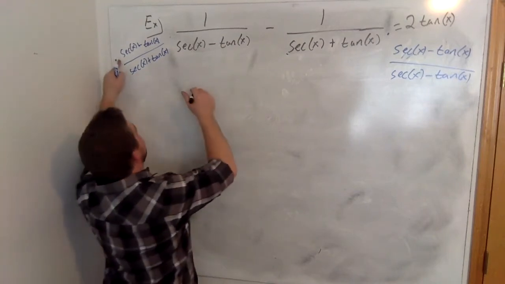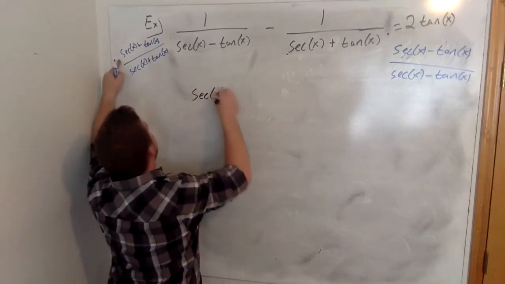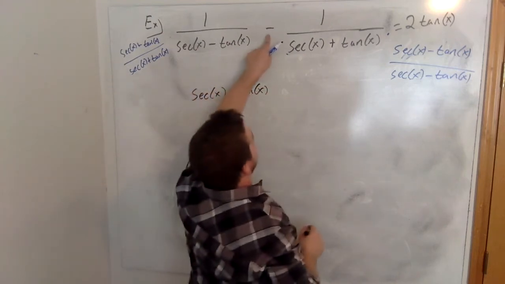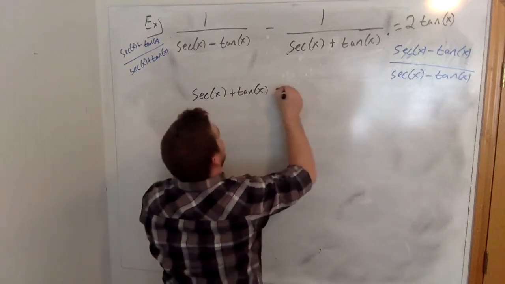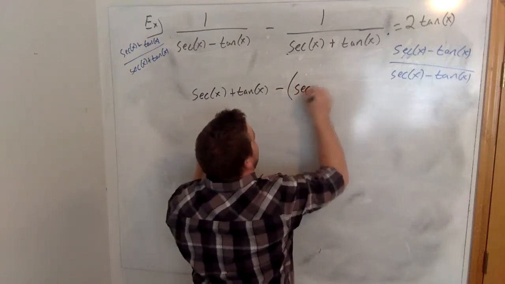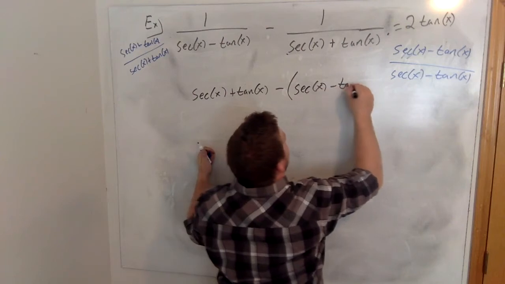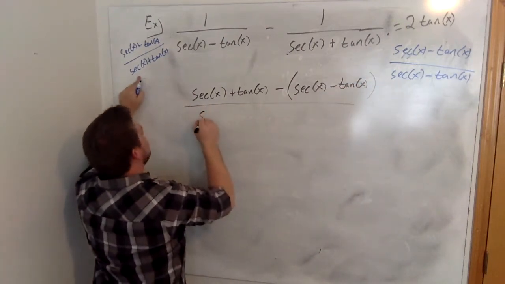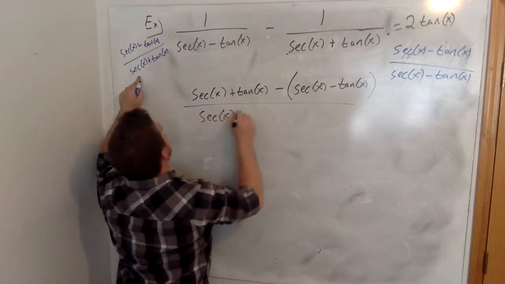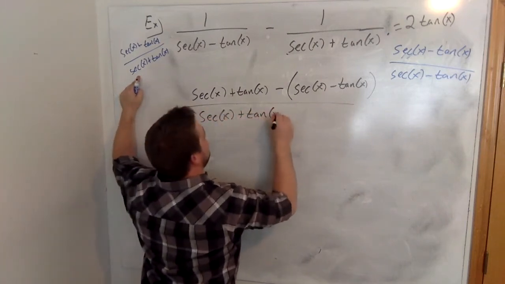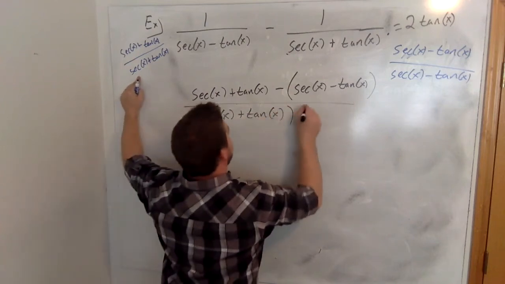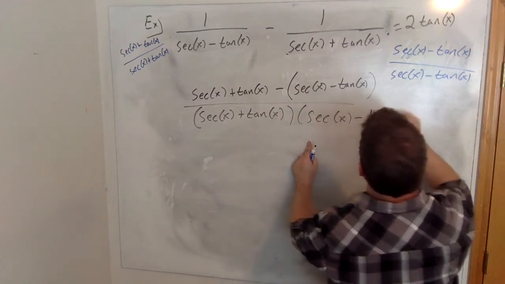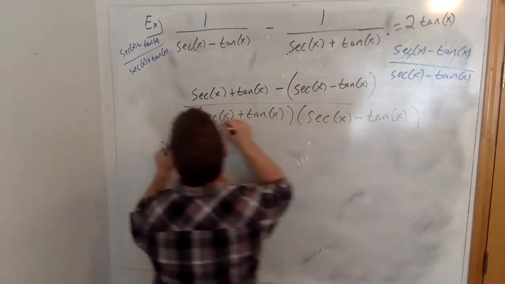Well, we would be left with a secant of x plus a tangent of x, and now I would be subtracting, don't forget your parentheses, a secant of x minus the tangent of x, all over our common denominator of a secant of x plus a tangent of x times a secant of x minus a tangent of x.